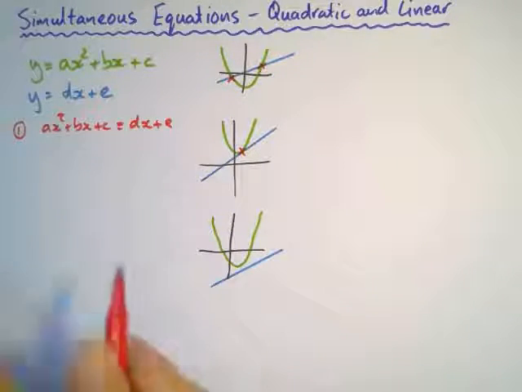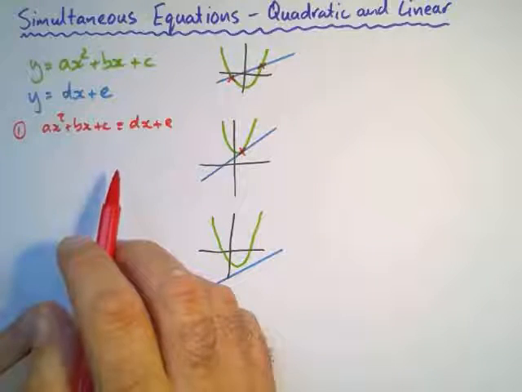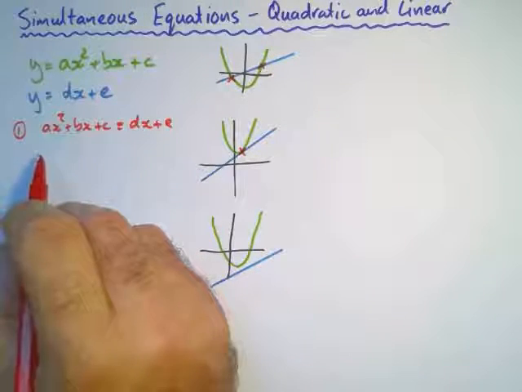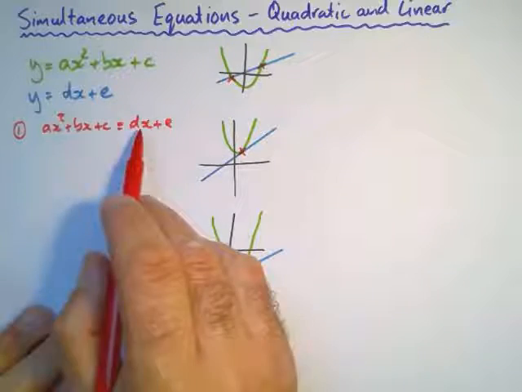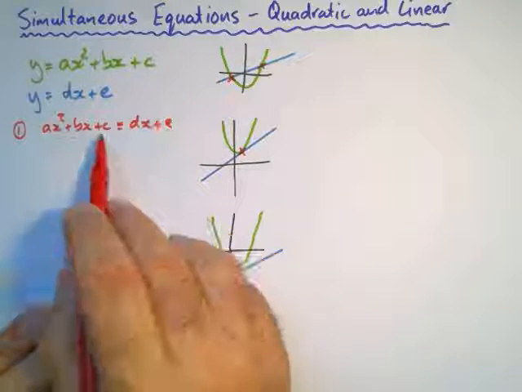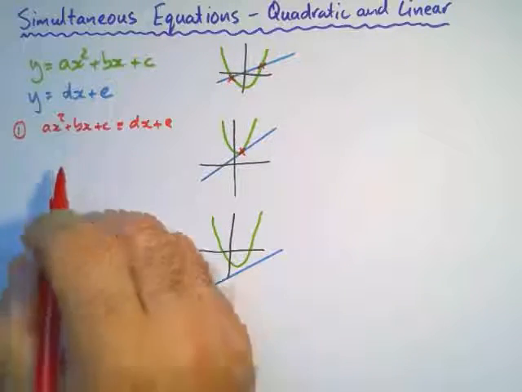Then I'll manipulate this and write it as a new equation. I'll bring dx over, I'll bring e over, and I'll get a new equation.